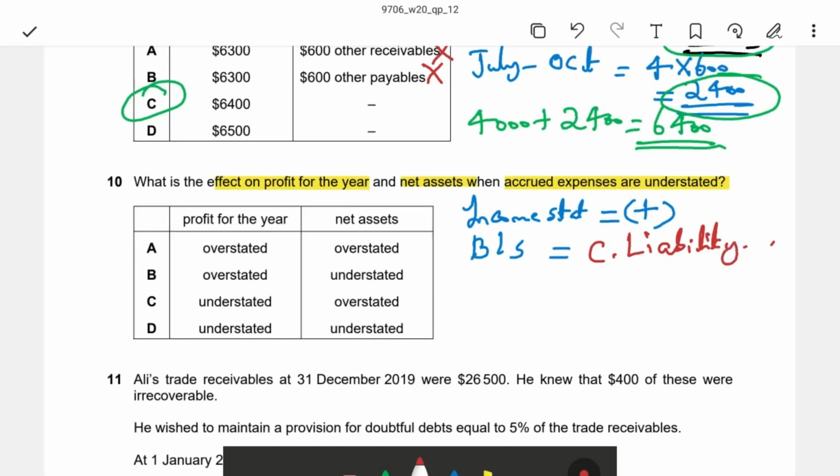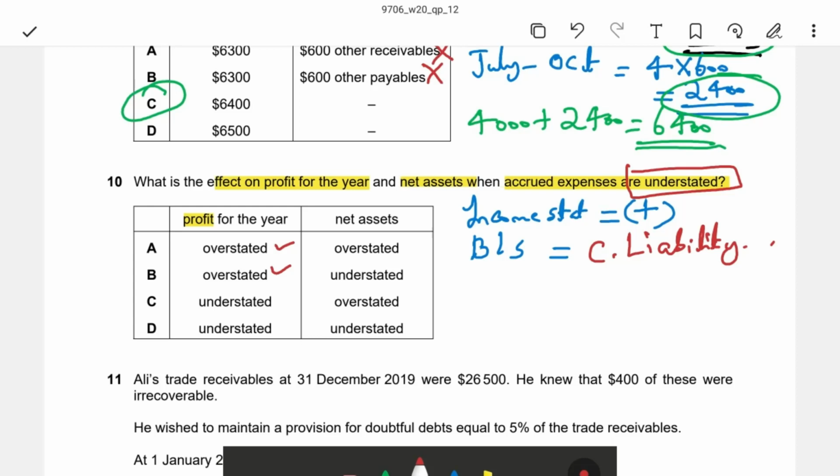So, the question is, if the accrued expense is understated, if the expense is understated, what will happen to the profit? Profit will be overstated. So we have A and B. Next, net asset.